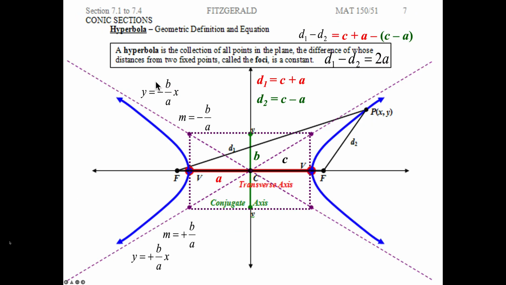Coming back here, y equals negative B over A x. Now, don't worry, is it A over B or B over A? You'll never have to worry about that if you graph this like we did the ellipse.